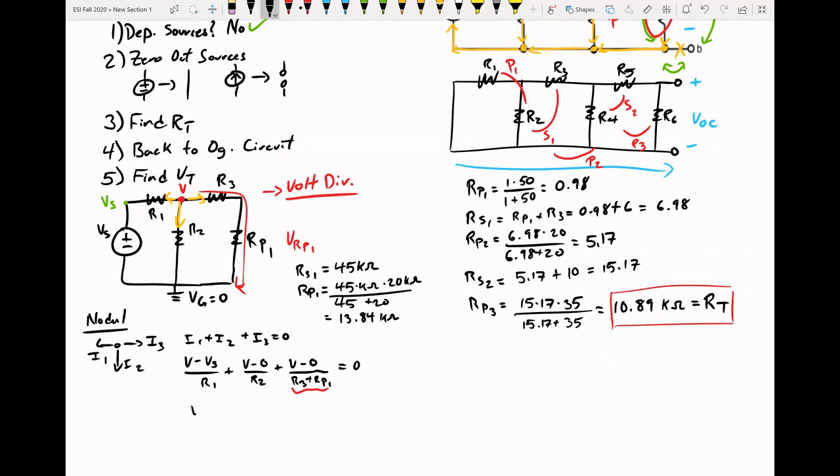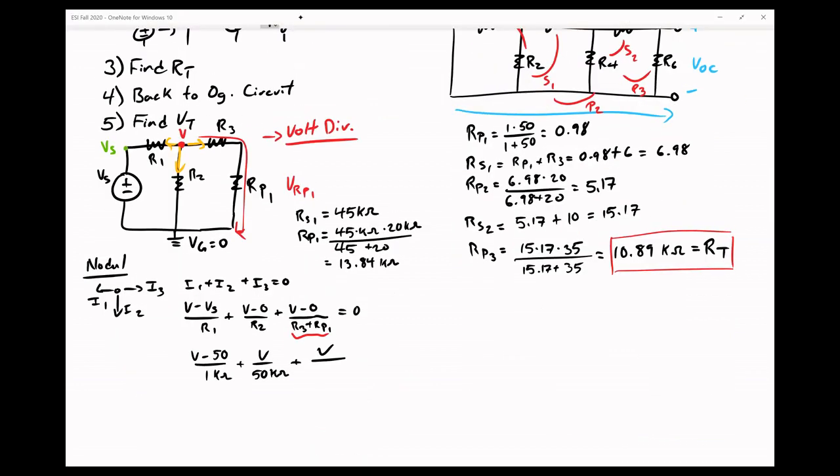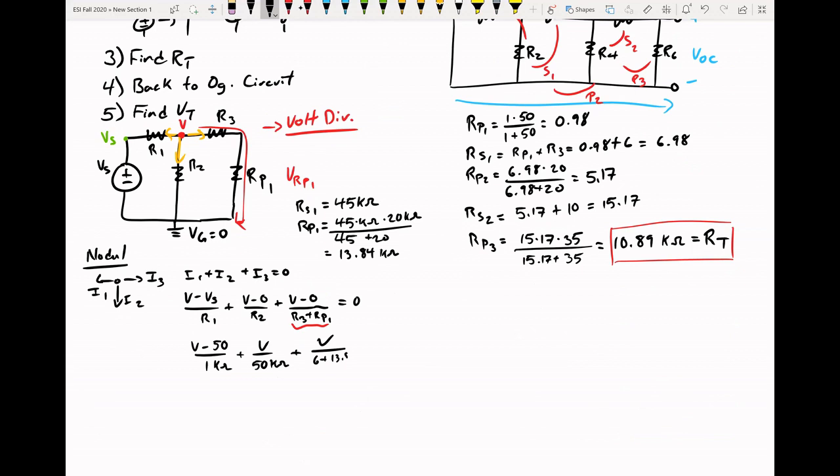So if we do V minus 50 over 1 kilo ohm plus V over 50 kilo ohm plus V over R3, we said is 6, so 6 plus 13.84 kilo ohm is equal to 0. And what's going to be easier for us is if we go ahead and do this.